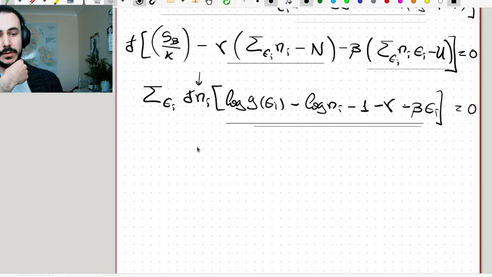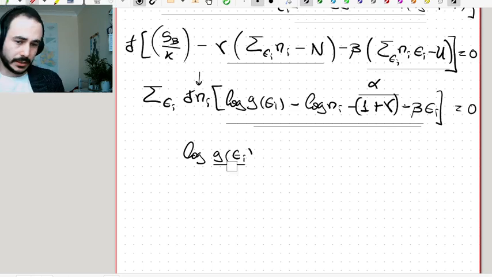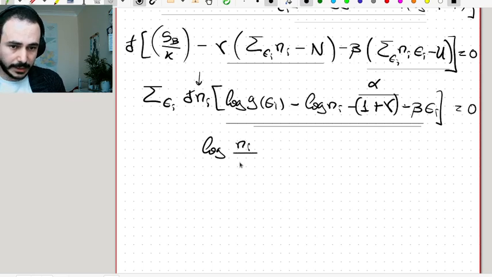Now let's see what happens. Just like we did in the previous case, this 1 plus gamma, I'm going to call it alpha, just for simplicity. So what you have is the logarithm of the g_i, well, let's just change the sign of the whole thing and say the logarithm of ni divided by g_i.